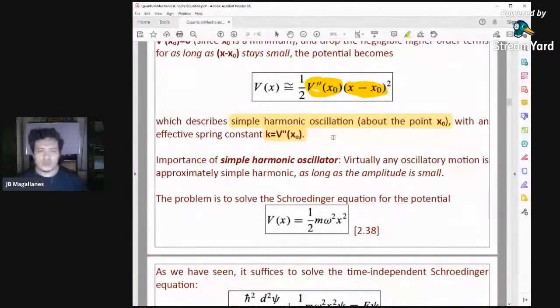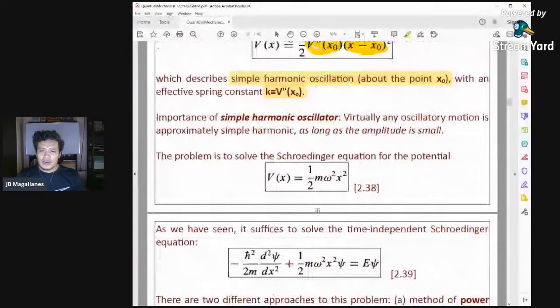Virtually any oscillatory motion in the universe is approximately simple harmonic, for as long as the amplitude of oscillation is very small. So anywhere in the universe, it is also oscillatory in behavior, for as long as the amplitude is very small.